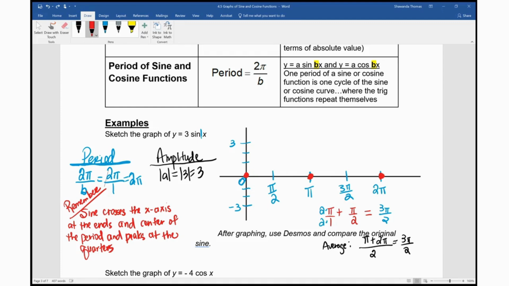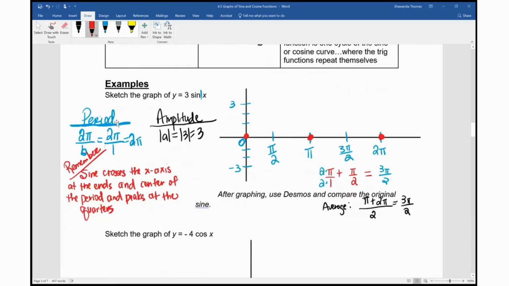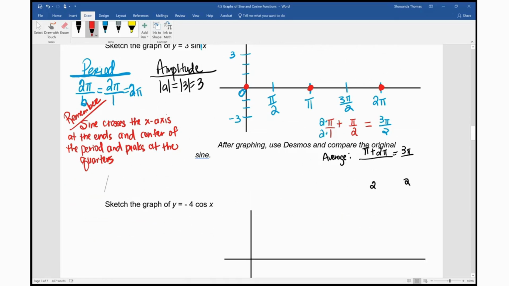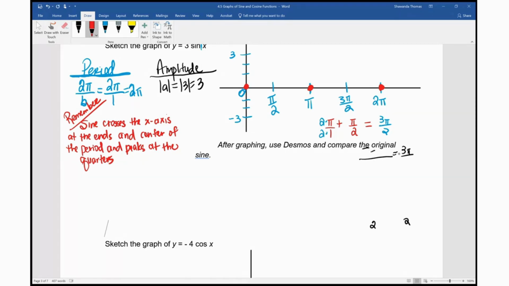So the amplitude we've learned is 3. And we're going to verify this on a chart somewhere. Let's take a look at regular sine x, without that number in the front.